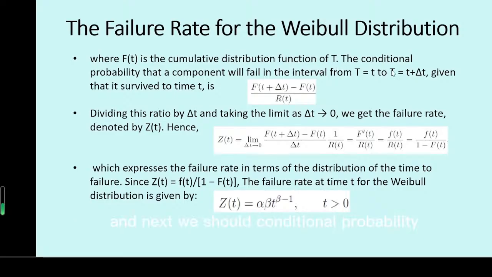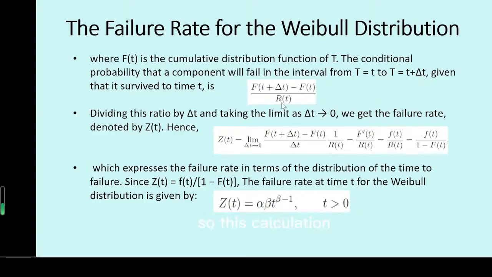And then next we consider the conditional probability that a component will fail in the interval from t to t plus delta t, given that it survived to time t. So after this element has survived to time t, it will fail in the next delta t.